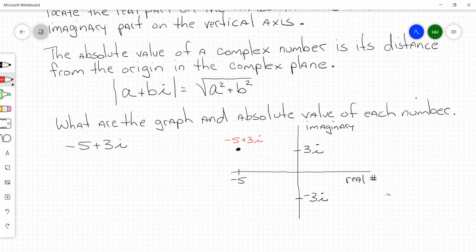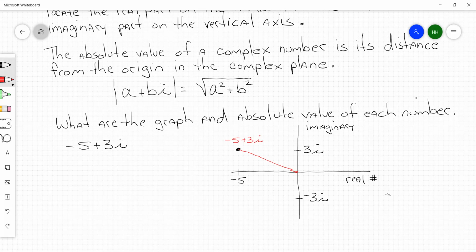Second part of the question is, what are the graph and the absolute value of each number? So now we need to find the absolute value of this because we want to know how far it is from this origin. We're looking for this distance right here. Because the absolute value of a complex number is its distance from the origin in the complex plane.